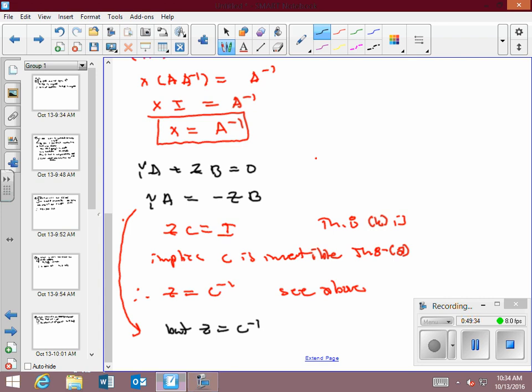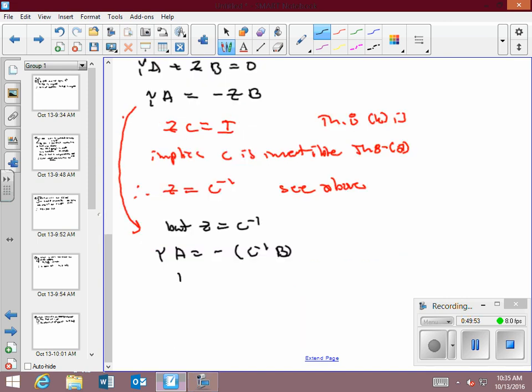But now Z equals C inverse. So what I have is YA equals a negative C inverse B. And A as shown is invertible.